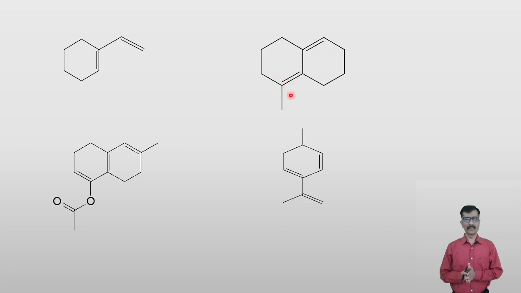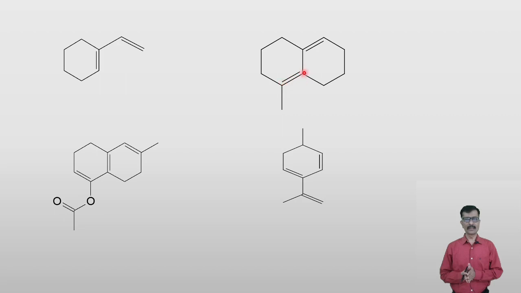We have to check for exocyclic double bond. For that, this first double bond is formed by these two carbons, carbon 1 and carbon 2.